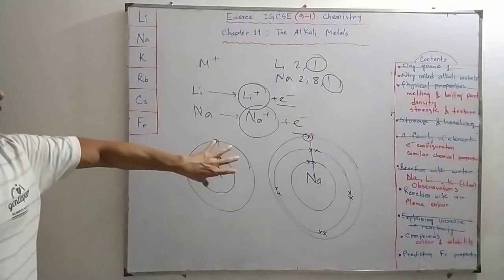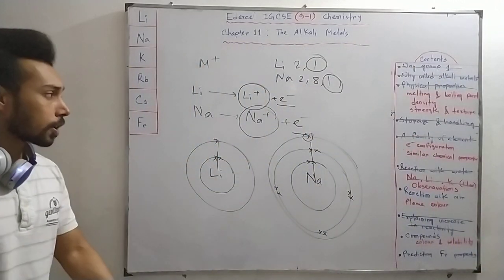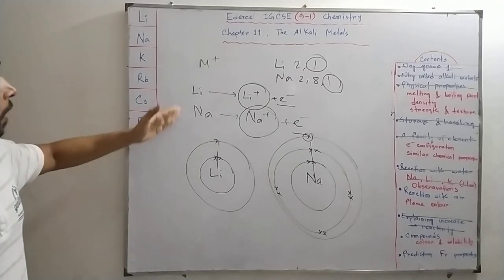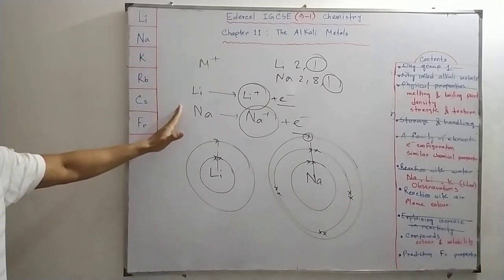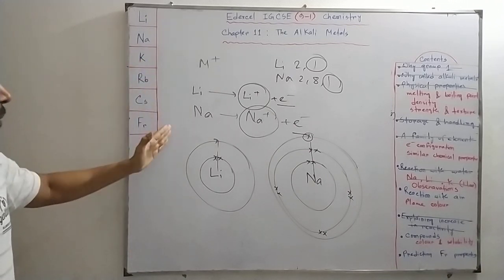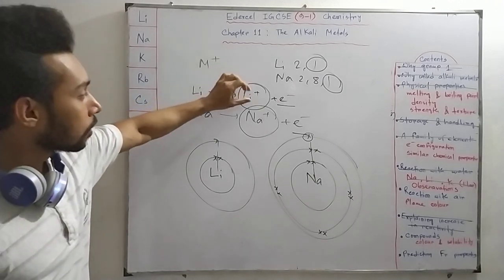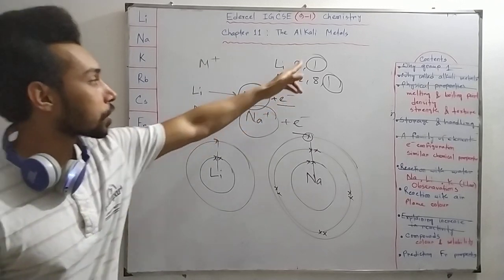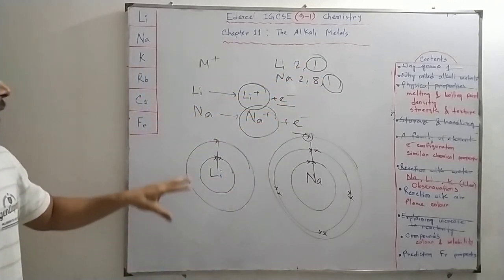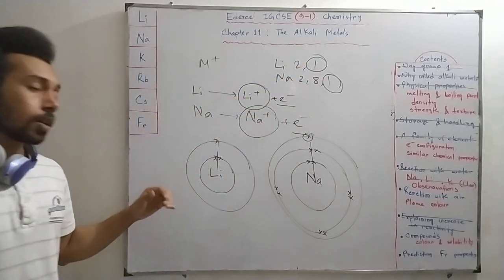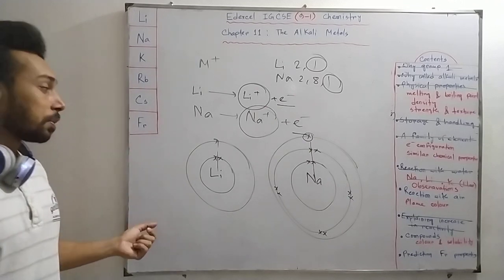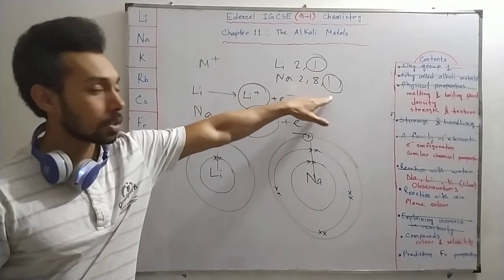Okay, I'm repeating it again since it's very important for you. All of the group 1 elements react to form an ion with 1+ charge by losing their outer shell electron, and how reactive they are depends on how easily the outer shell electron is lost.